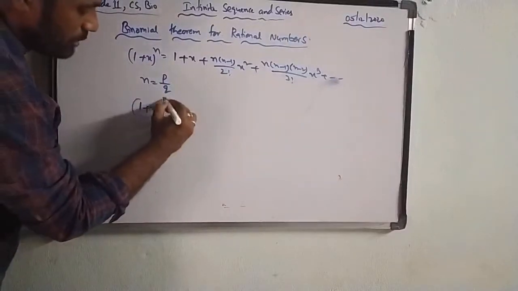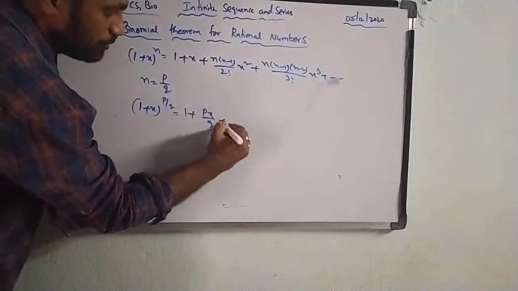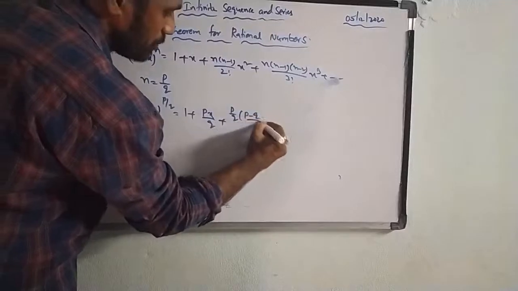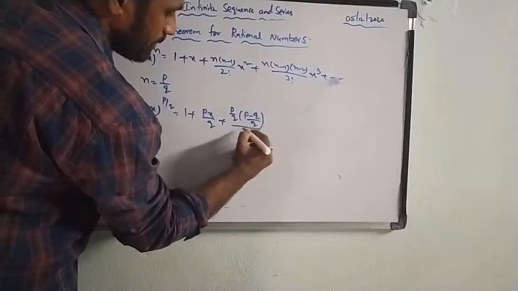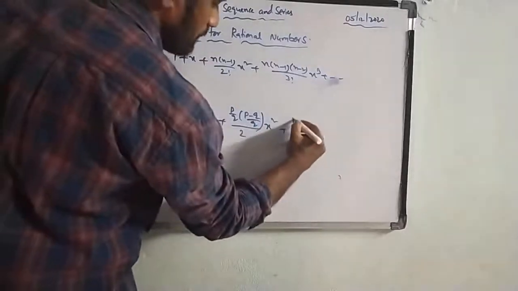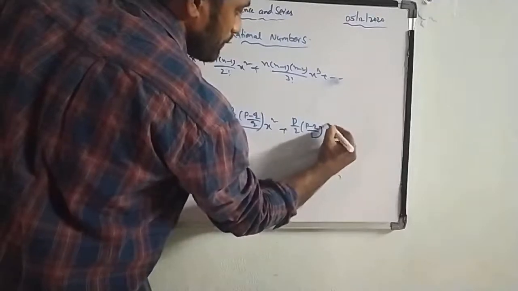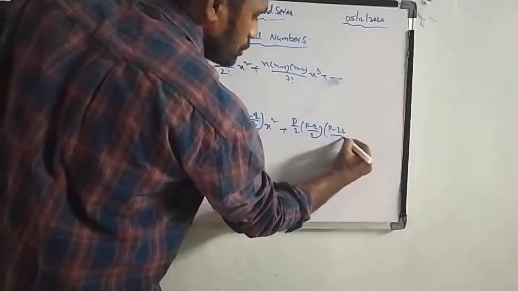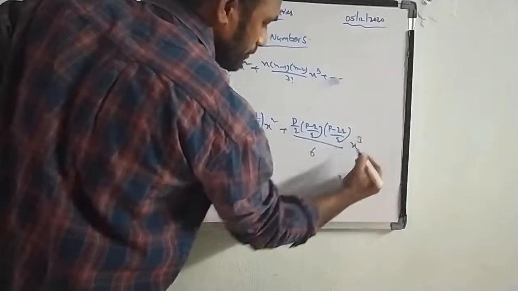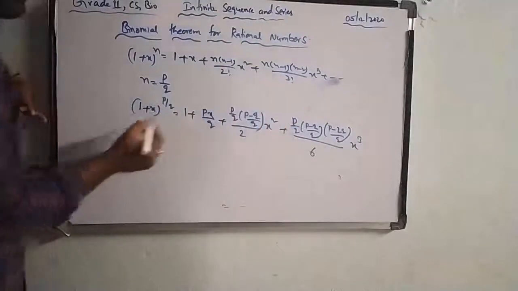(1 plus x) whole to the power of p by q can be given as 1 plus px by q plus (p by q)(p by q minus 1) by 2 factorial, that is 2 only, into x square, plus (p by q)(p minus q by q)(p minus 2q by q) by 6 into x cube. So this is the formation for p by q.